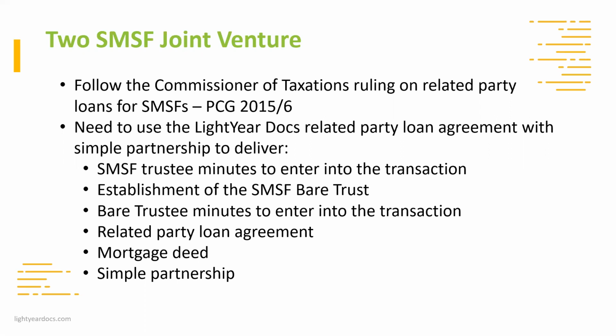So we could use the related party loan agreement, which obviously the first part of it has the SMSF trustee minutes to enter into the related party loan and the acquisition of the relevant property, the establishment of the SMSF bare trust, and the bare trustee minutes to enter into the transaction, which is going to be the acquisition of the property, because the legal title obviously resides inside the bare trustee.